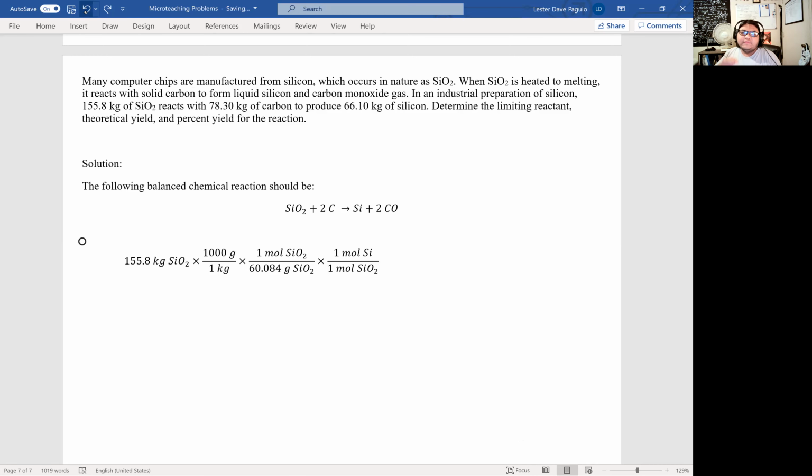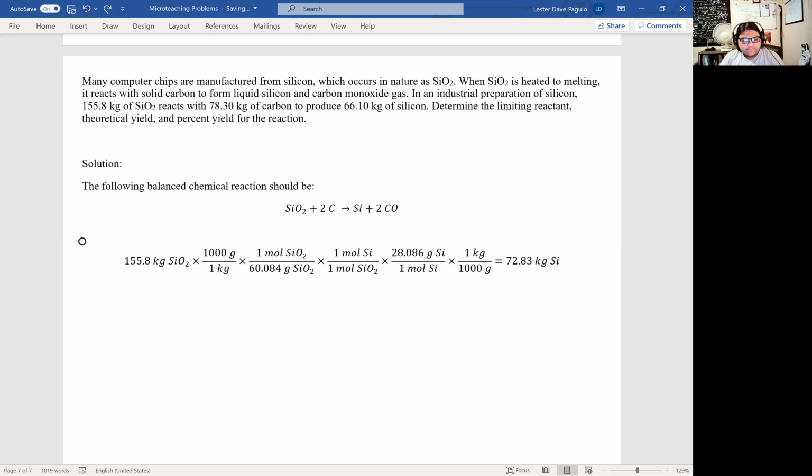We would then convert from moles of silicon to grams of silicon by using this ratio, 28.086 grams of silicon for every 1 mole of silicon. And then we convert from grams of silicon to kilograms of silicon. For every 1 kilogram, we have 1,000 grams. By plugging in the calculator, we would have 72.83 kilograms of silicon.